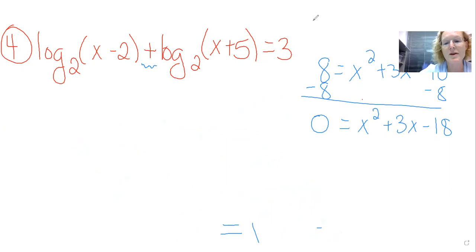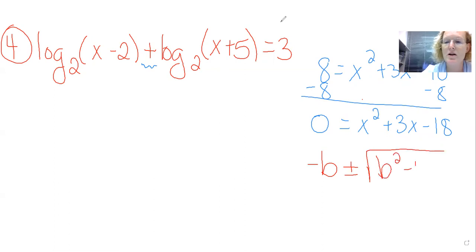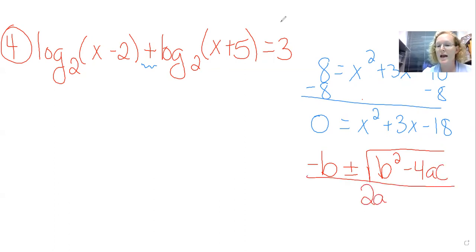I'm going to remind you again: the quadratic formula was on your midterm, and I promise you it is going to be on your final too. If you don't remember it, make sure you memorize it for the final. So this is your quadratic formula: negative b plus or minus the square root of b squared minus 4ac, over 2a.